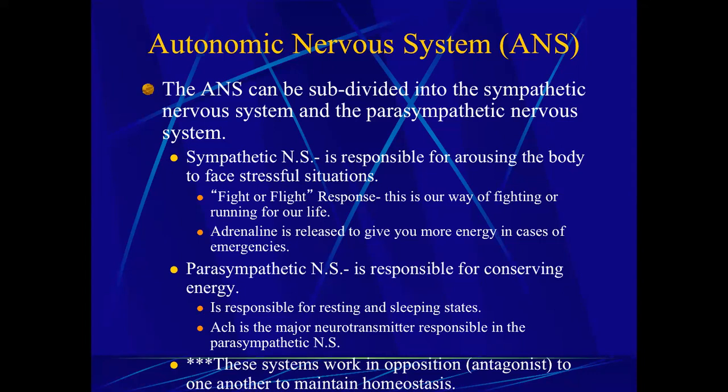Now, I said in general, one is in control and the other is kind of taking a step back. There is one exception, which is interesting psychologically. When it comes to sexual intercourse, you actually have both active, right? Because if a person has an overly excited sympathetic nervous system, that's going to interfere with performance.